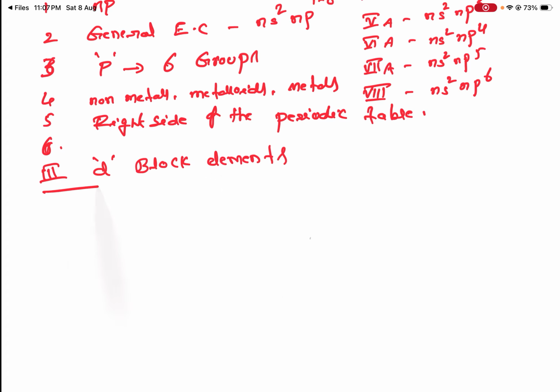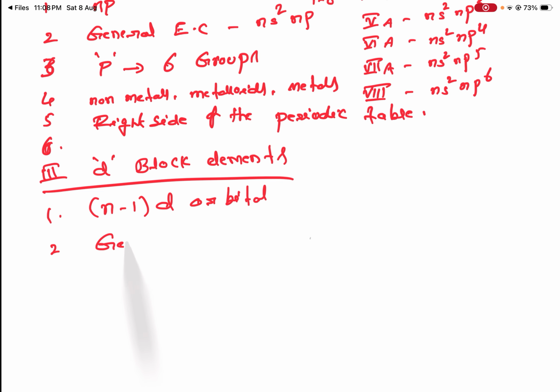D block elements. The first point: the elements in which the differentiating electron enters into the (n-1)d subshell or orbital are known as d block elements. The general electronic configuration of d block elements is (n-1)d1 to 10, ns1 to 2.